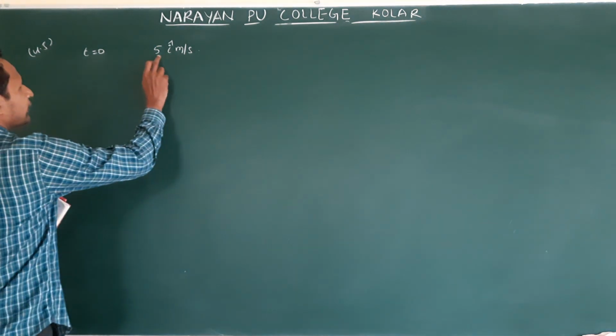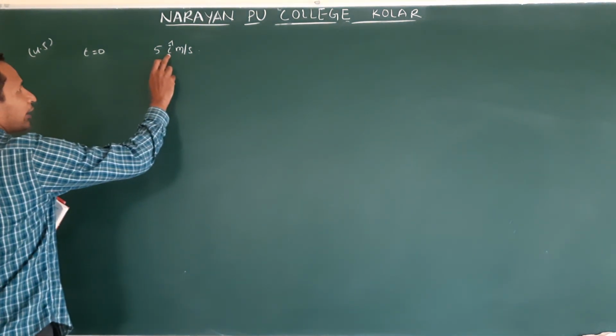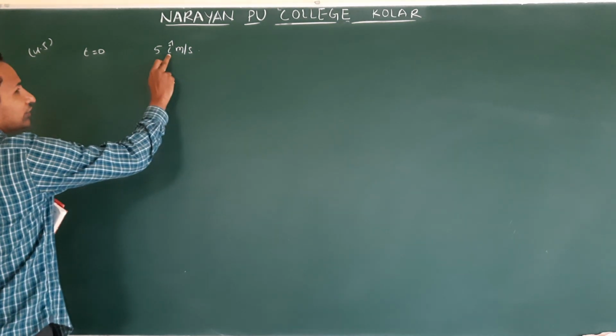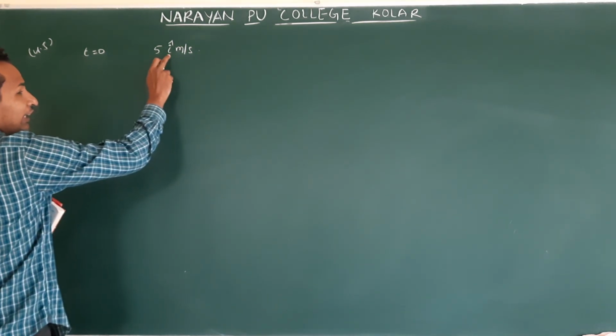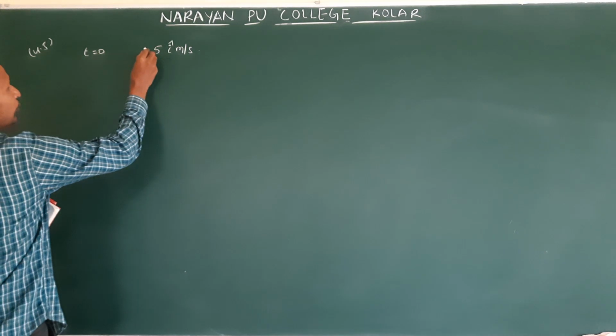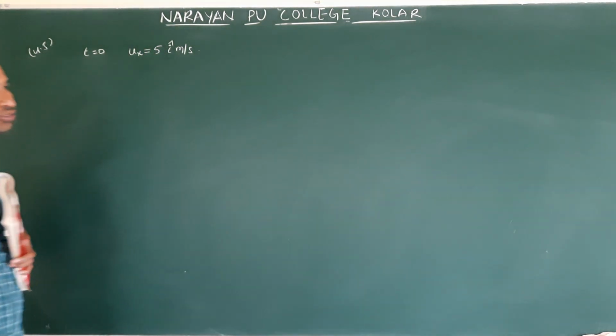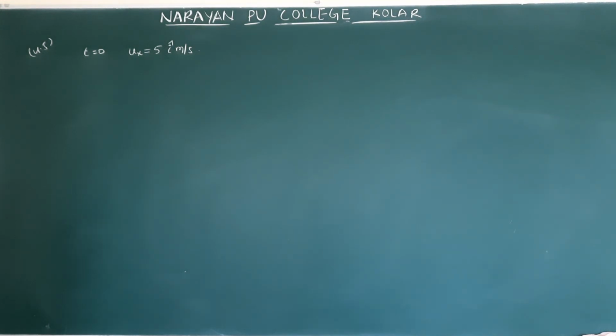What does that mean? i cap represents the unit vector along x direction. So the body starts along x direction. So initial velocity along x direction, ux, is equal to 5 meter per second.